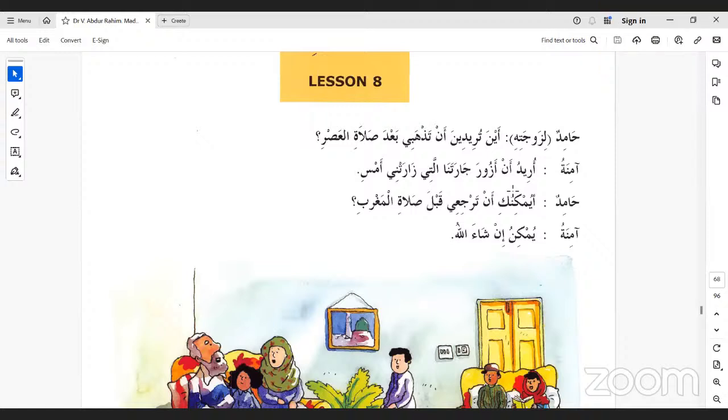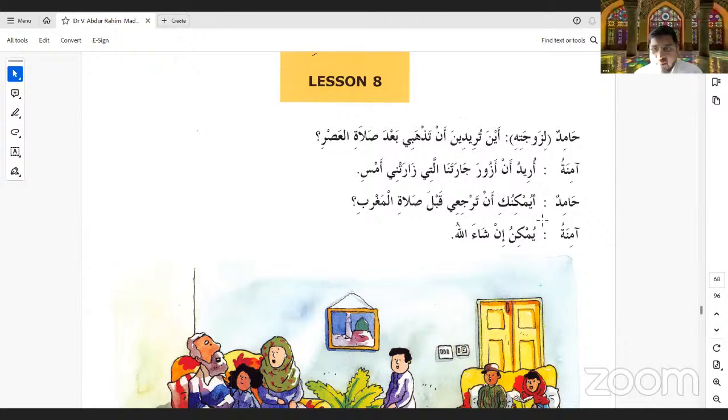Now the next one here, because we're talking to a female, the word ayumkinu is the verb, and then you add the attached pronoun to change who you're referring to.